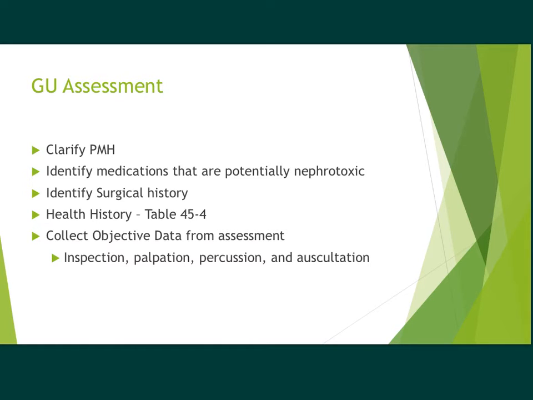We want to also ask them about, have they had any specific types of renal or GU cancers? Do they have a history, for instance, of kidney stones or BPH? We want to talk to them about their surgical history. Have they had any type of hospitalization or renal or GU problems that have required surgeries?